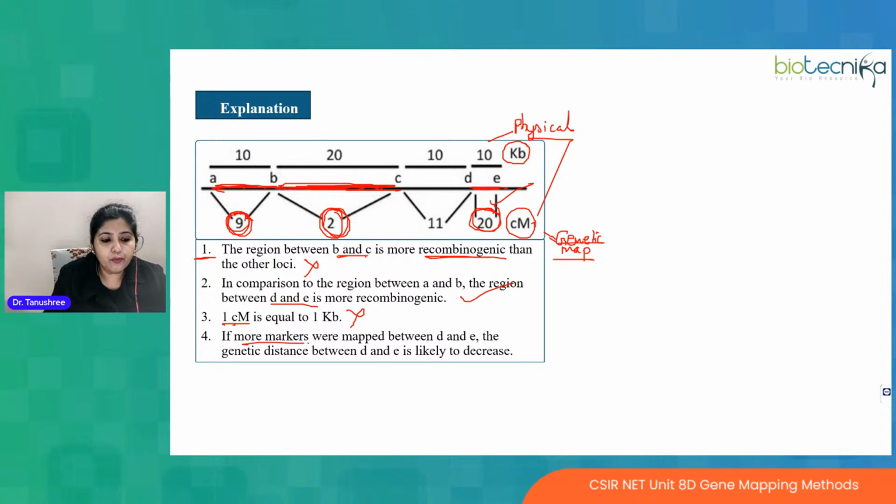Then fourth: if more markers were mapped between DNA points, the genetic distance between them is likely to decrease. No, this is incorrect. It should increase, right?